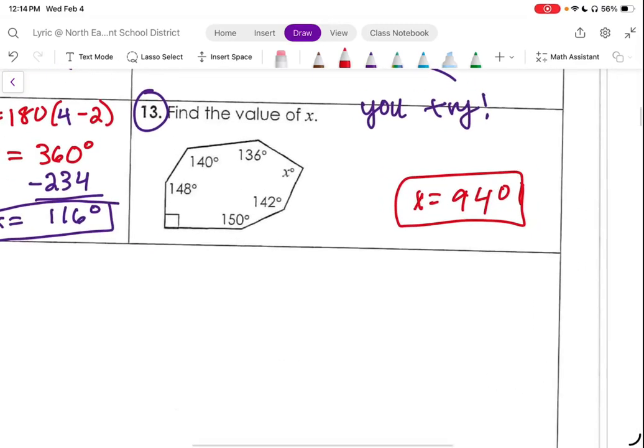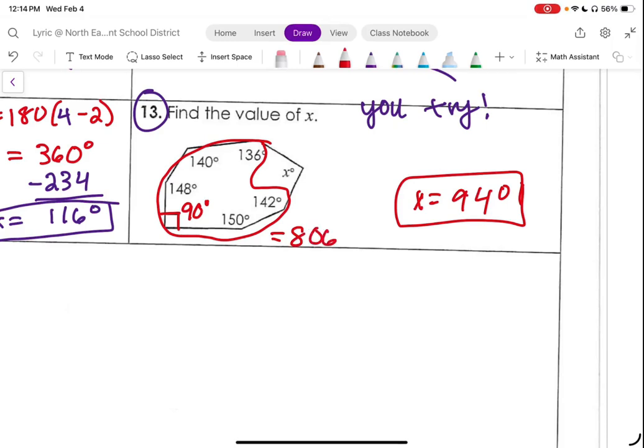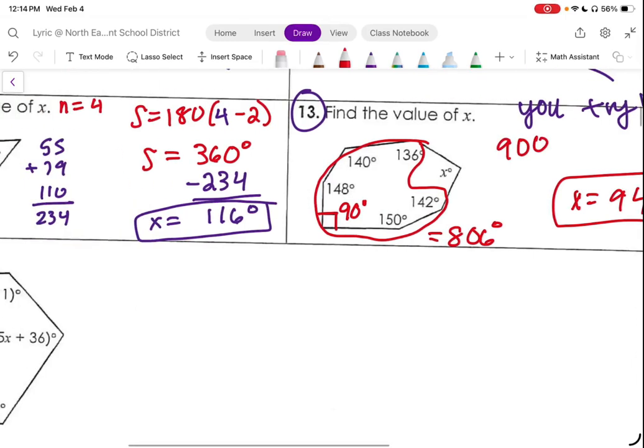In case you're not understanding, you total all the angles up. Even the one that has just the 90-degree symbol, don't forget, that's an angle too. Maybe you failed to do that and got a different number by accident. When you add these all together, you should get 806 degrees, and we're subtracting that from the total angle measurement of 900. If you're wondering where I got the 900 from, we're using the same formula from the last problem.